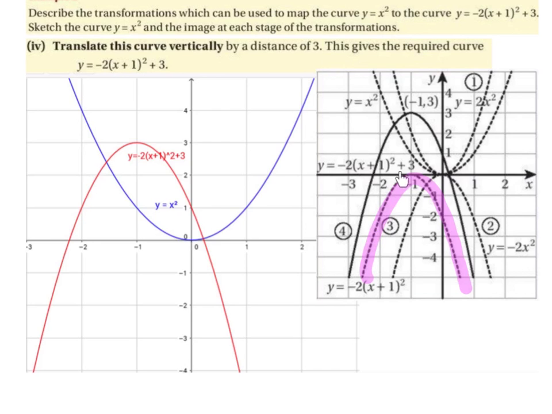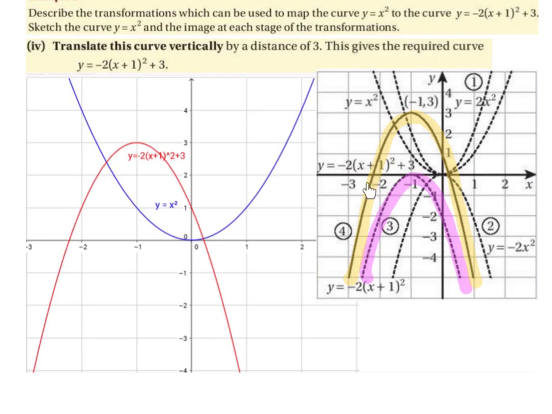This was the curve that we drew in the last step, and now what we have to do is move it upwards by 3 steps. So we're going to end up with this curve here. This maximum point gets moved up by 1, 2, 3 steps. And we end up at this curve here.